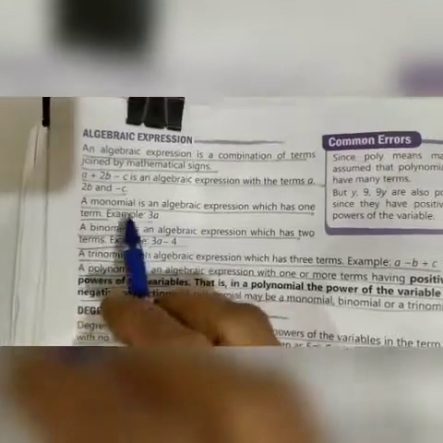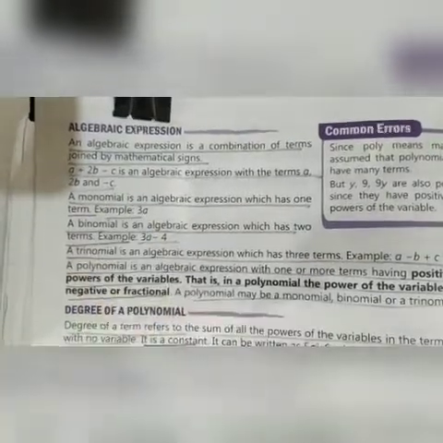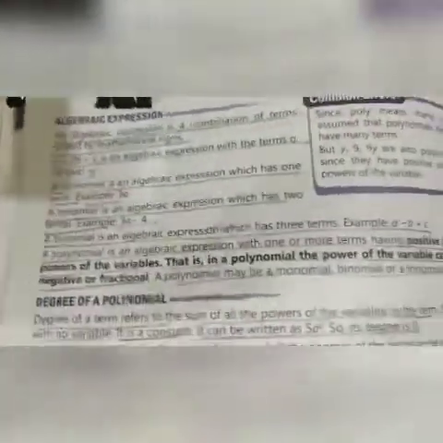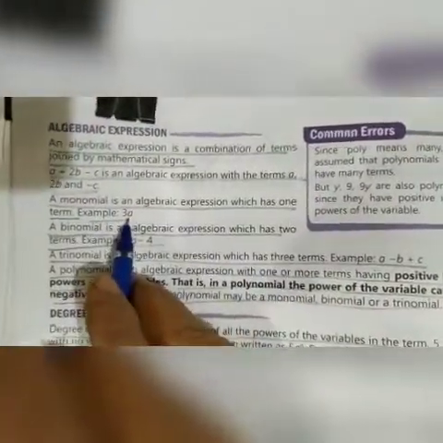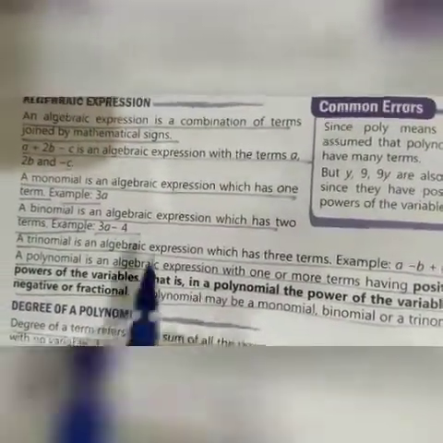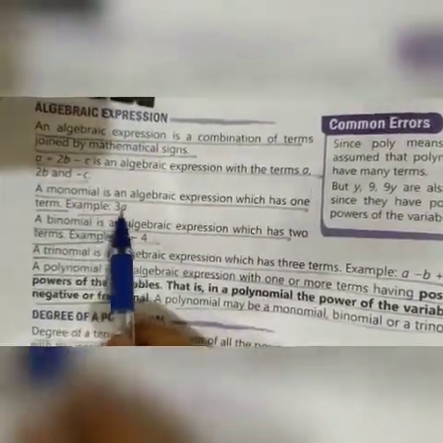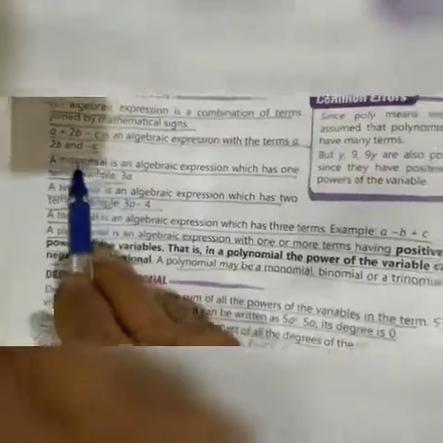A monomial is an algebraic expression which has only one term. Example, 3a. This algebraic expression has only one term, that is 3a. So it is a monomial.